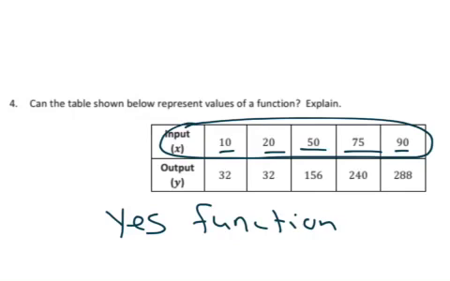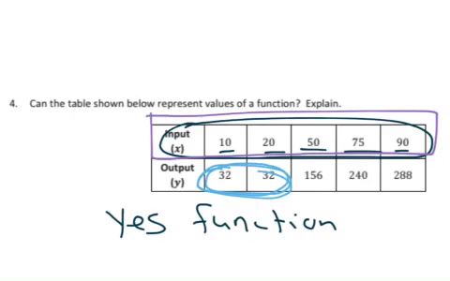We'll talk more about functions another day with ordered pairs and graphs, but today we just wanted to look at tables. And one thing I did want to point out, a lot of kids say they don't think this is a function because they look at their y values. You can have duplicate y values. Duplicate y values are okay. Mainly when you want to see if something is a function, only look at your inputs or your x values.